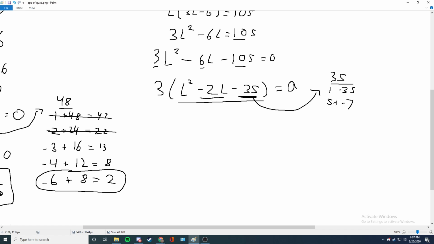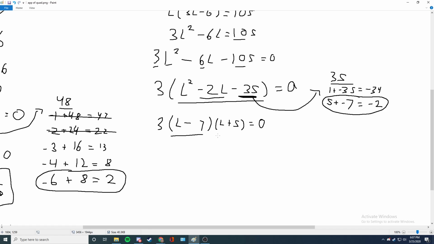So if we add these pairs up and check them, this one ends up being negative 34, which is pretty far off. But this one is negative 2. So this will be the pair of factors that we choose. And let's factor it out. So we end up with 3 times L minus 7 times L plus 5, and that's still equal to 0.